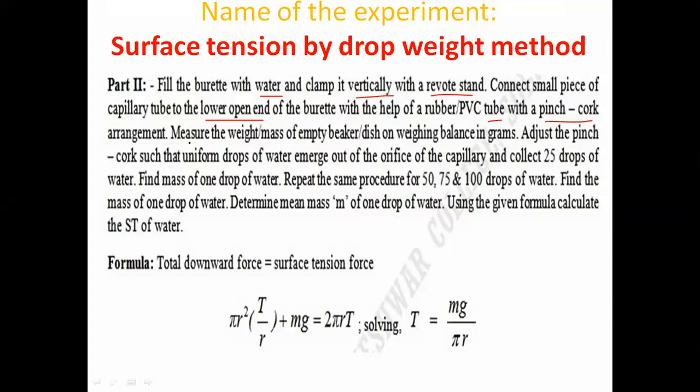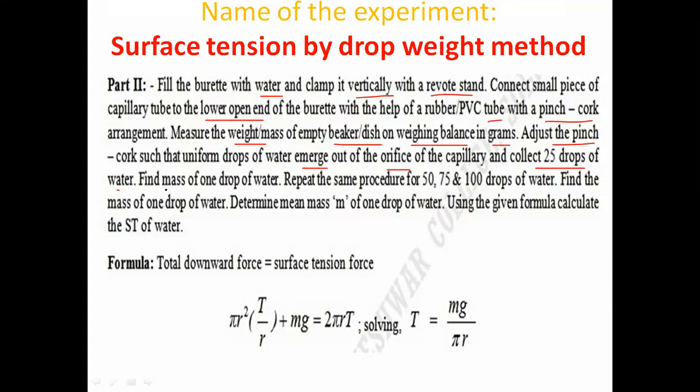After this arrangement, measure the weight of the empty beaker or dish on the weighing balance in grams. Adjust the pinch cork such that uniform drops of water emerge out of the orifice of the capillary, and collect 25 drops of water.